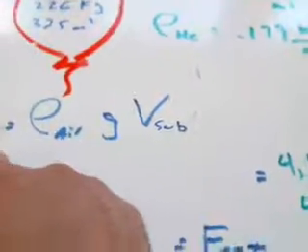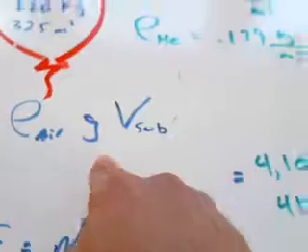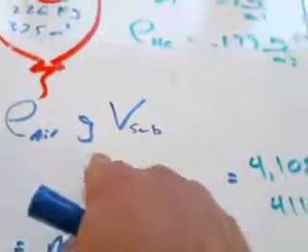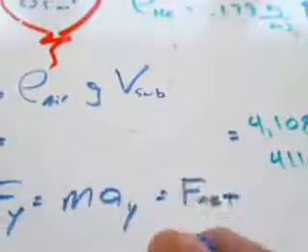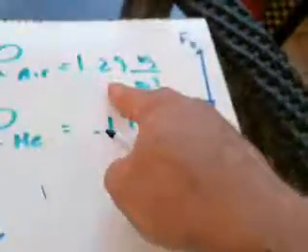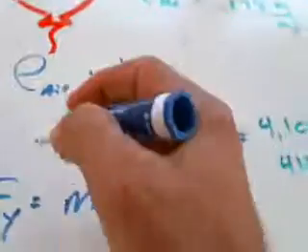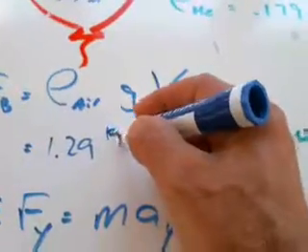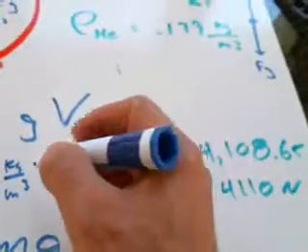So remember, buoyancy is the weight of the fluid you displace. A density times a volume, you're left with mass times g. So a force is mg, and g is an acceleration. The density of air was given right there. It's 1.29 kilograms per cubic meter.